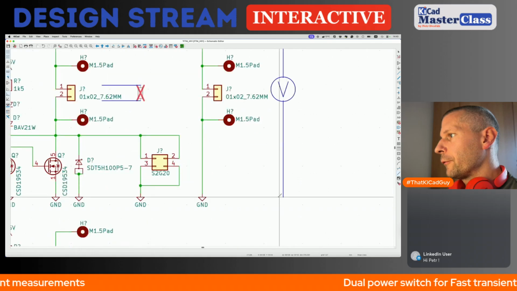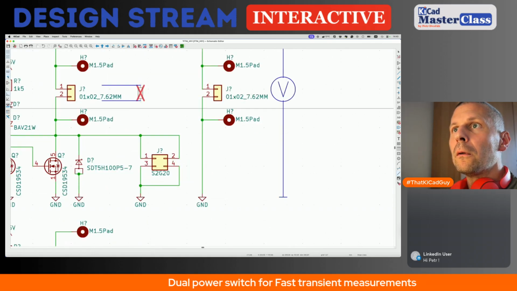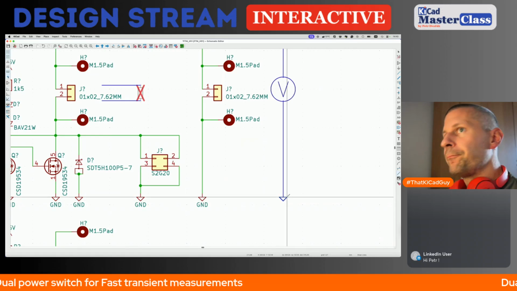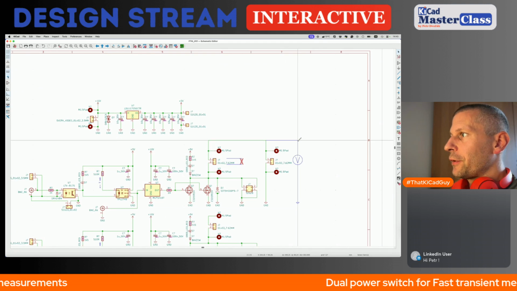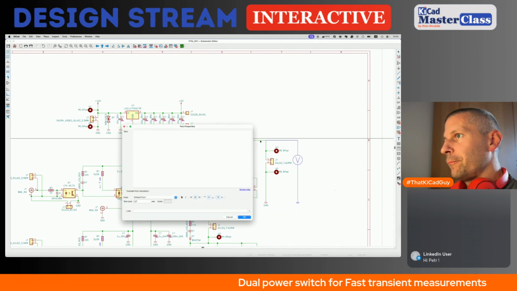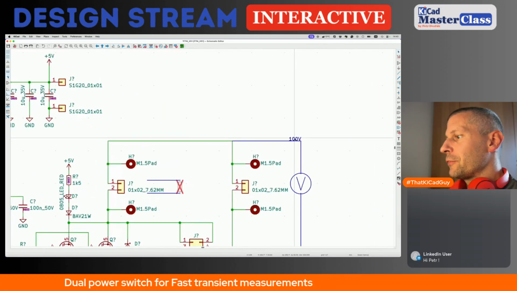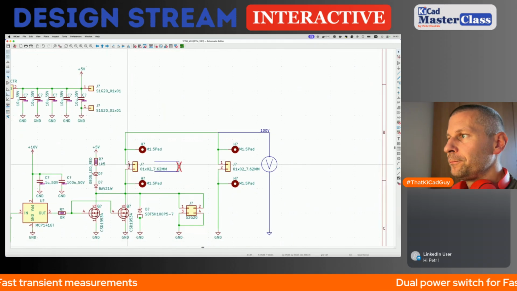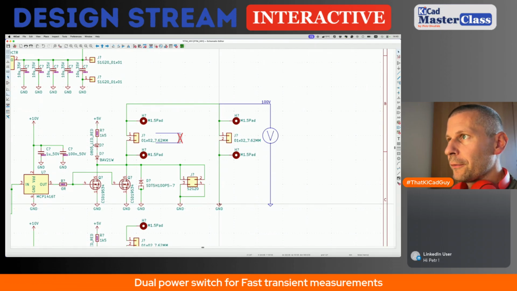Sorry for my drawing. Something like this. So here will be connected like 100. For instance, I will place the label here. 100 volt, for instance, connecting here, and the other side will be ground.